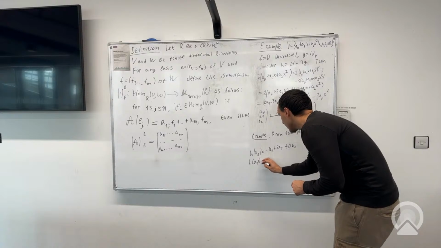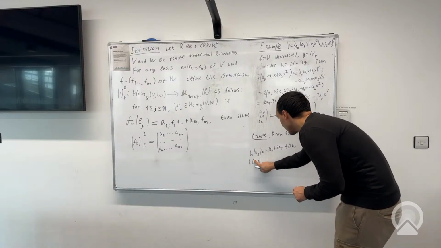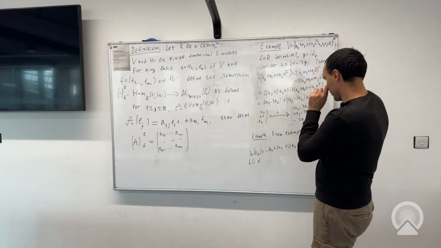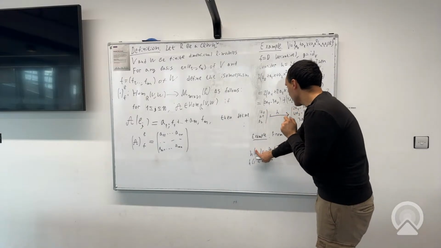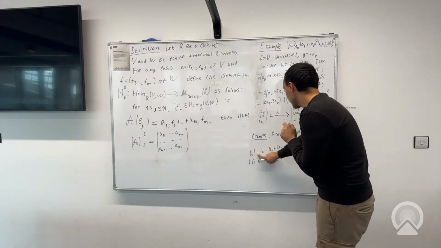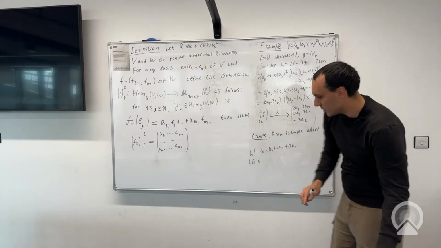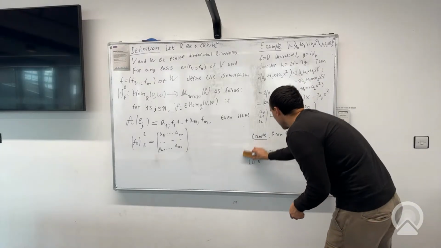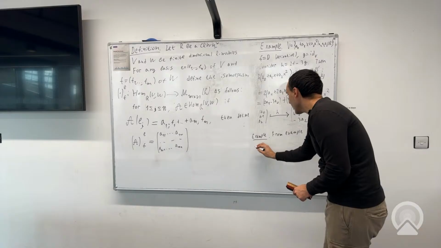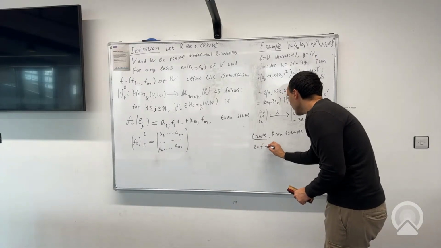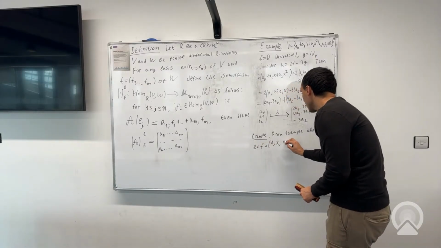So my basis E equals F is the following basis: 1, x, x squared.